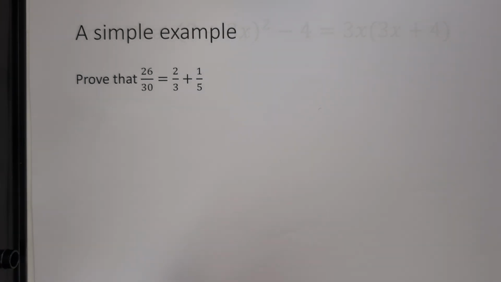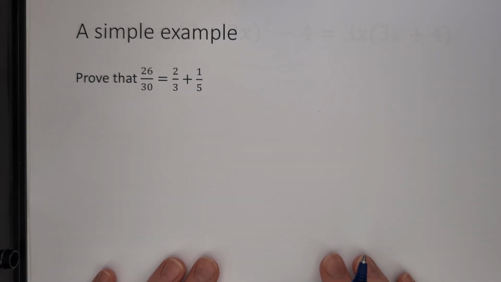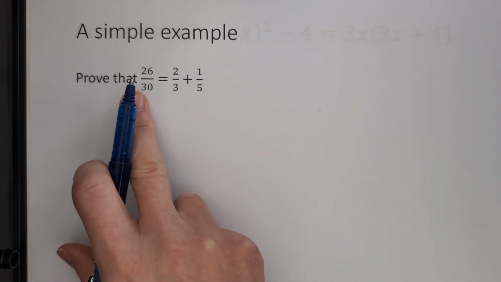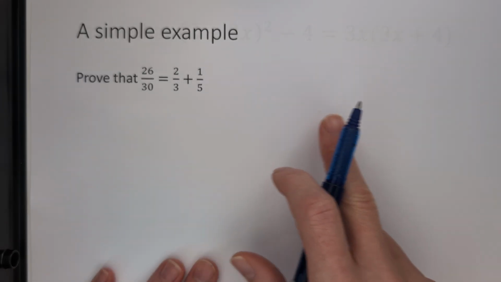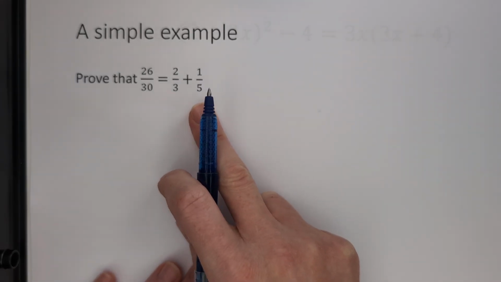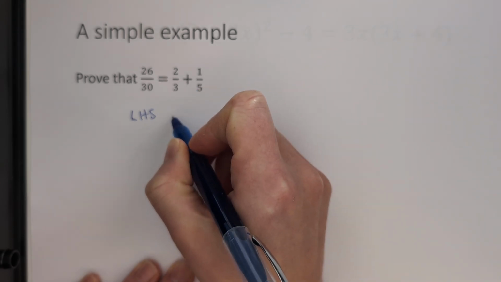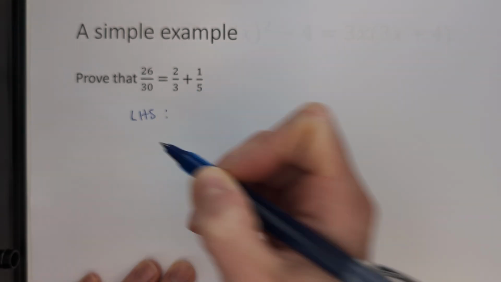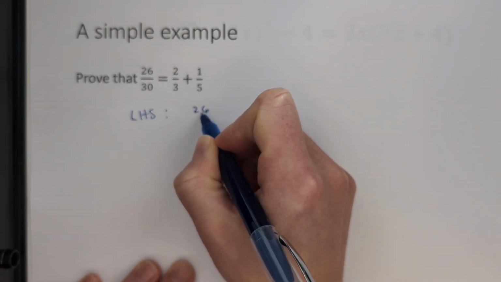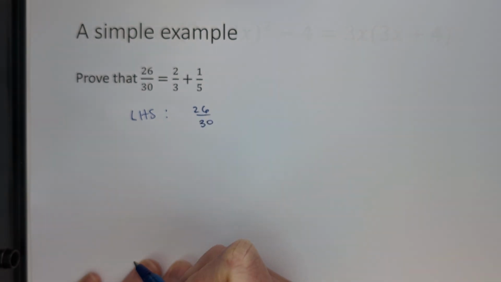So here's a nice simple example. There are a couple ways I could start here and then work all the way through individual steps. I could also set up a left-hand side, right-hand side proof. You can either set it up as a column or just, I'm going to start with the left-hand side, 26 over 30, pretty simple.